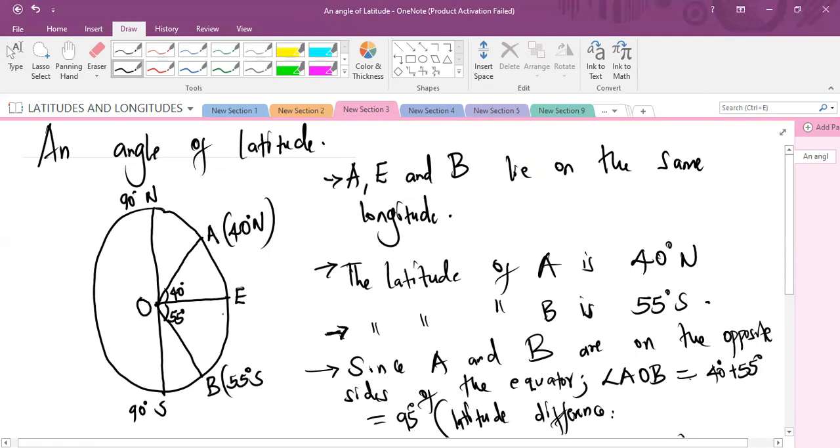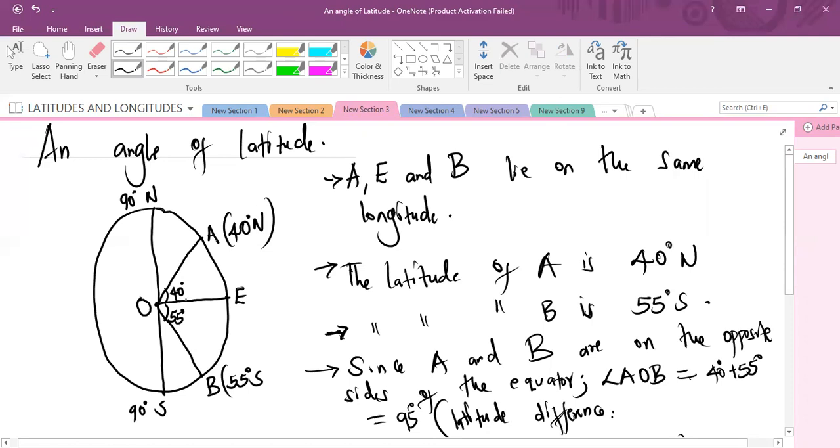Now, since A and B are on opposite sides of the equator, with O being the center here, the angle AOB is obviously 40 plus 55 degrees. If you want to get angle AOB, it is 40 plus 55 degrees. And this is what we also call the latitude difference.